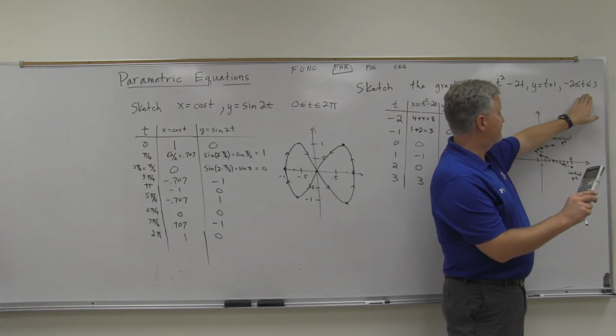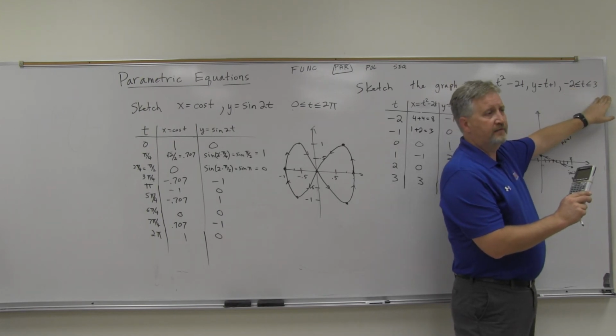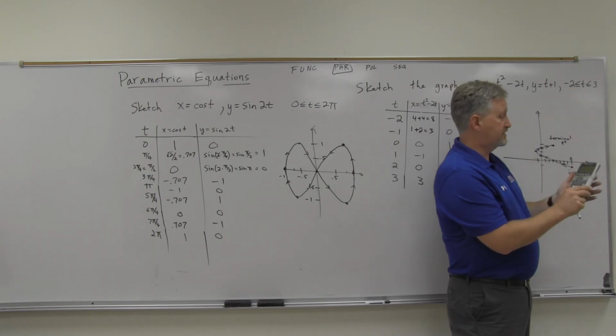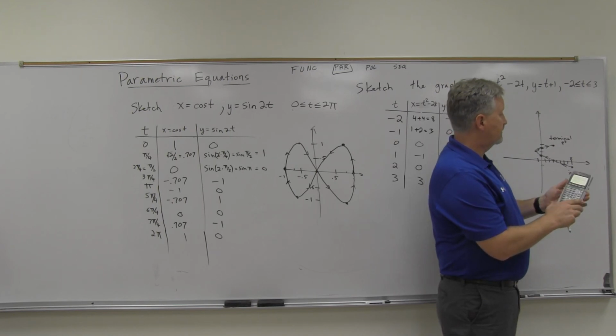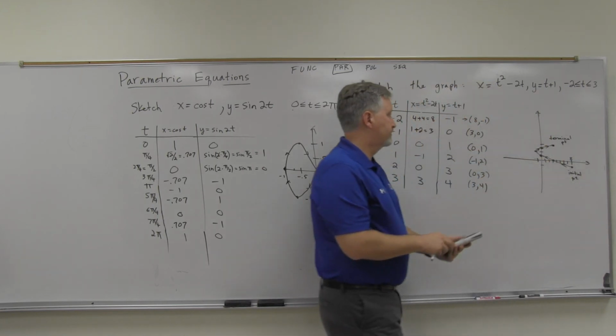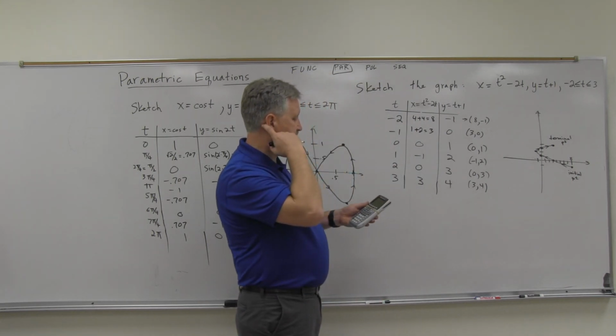I think by default it sets the minimum T to be -10 and the maximum T to be +10. So you can just change those to whatever you want, -2 to 3, and it'll show you the part of the graph you want there. And then hit graph.